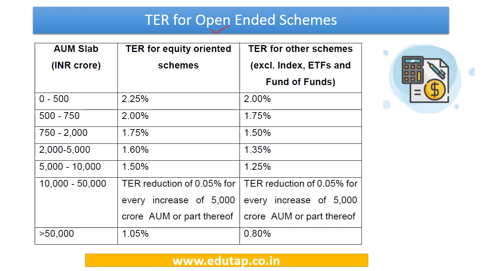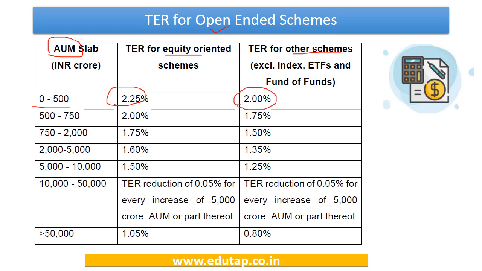Now, for the open-ended schemes, there has to be a separate set of expenses which are to be permitted for equity-oriented schemes and for other schemes. And these expenses are going to be dependent on the assets under management of that particular mutual fund. So if the assets under management are less than 500 crores for equity oriented schemes, this is going to be 2.25%, and for other it is going to be 2%.